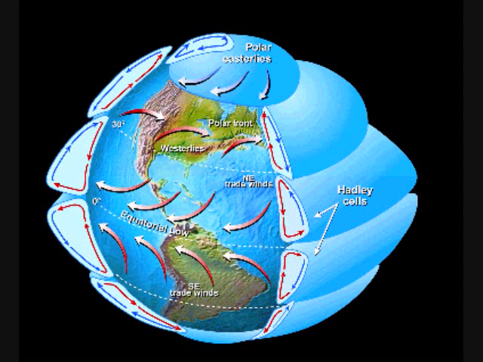So here's your 3-cell model, also known as the Hadley cell, even though there's 3 cells. If you start at the equator and you go north from the equator 30 degrees, so from 0 to 30 is the Hadley cell. The primary wind belt within the Hadley cell is what's called the trade winds.